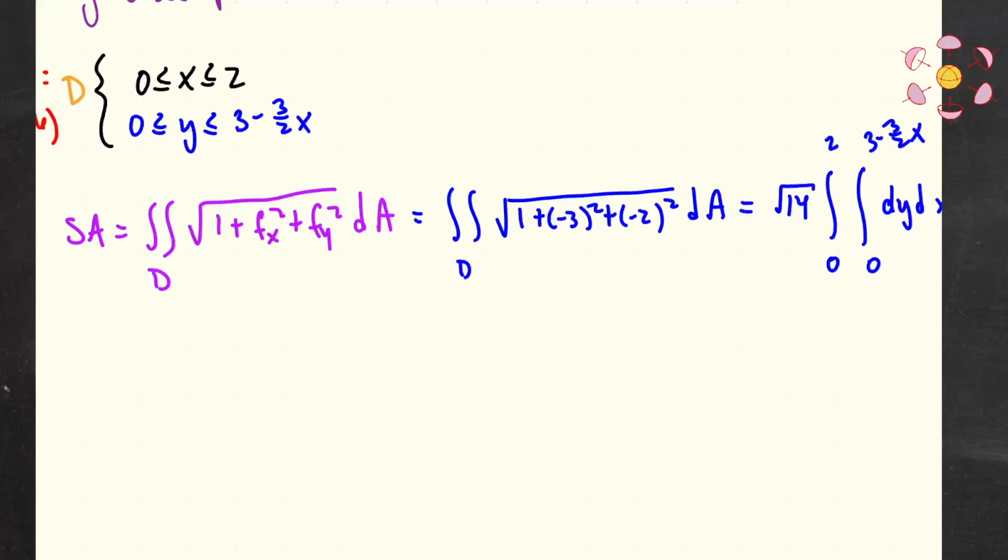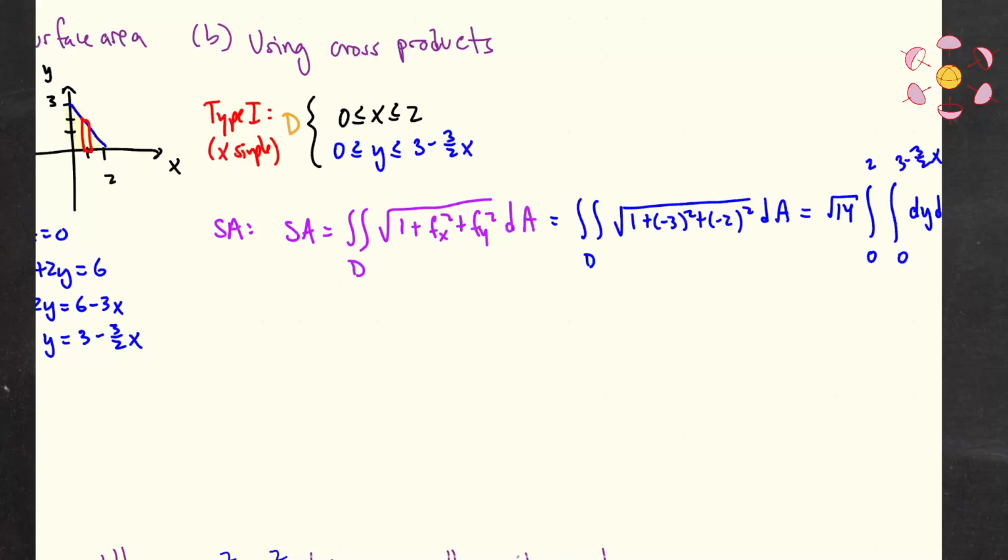And you might be thinking, why do we have to bother with that? Turns out we totally don't, because we could just think of this as the integral over D. Square root 14 is constant, dA. If I pull out the square root of 14, this is something we should recognize. It doesn't show up too often, but if it does, think back, what is this telling us?